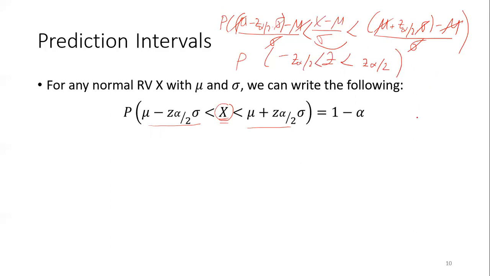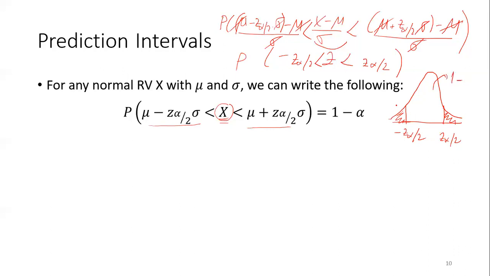Let me plot my standard normal, although you know it very well. This is minus z alpha over 2, and this is z alpha over 2, and here I have alpha over 2 and alpha over 2. The remaining region is 1 minus alpha.